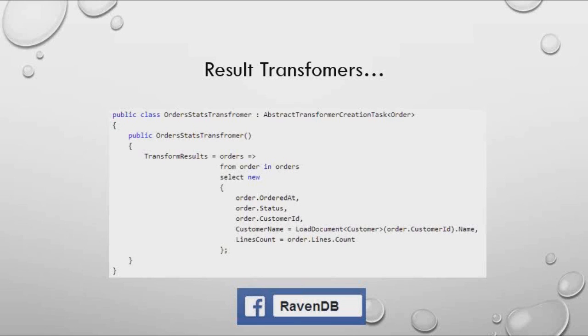However, you're absolutely free to combine a result transformer with streams. That means that you can actually have a result transformer that operates server-side over an unbounded set. And that gives you the ability to do some quite interesting things.